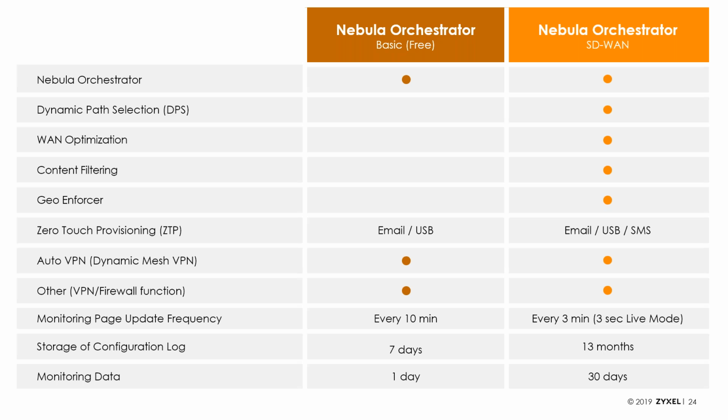Also, the monitoring page frequency is 10 minutes rather than 3 minutes, or 3 seconds in live mode, with the full solution. And it also keeps less log and monitoring data in store with the free solution. But as said, all the devices come with the full SD-WAN license for a year, so you can feel free to try and activate that when you wish.